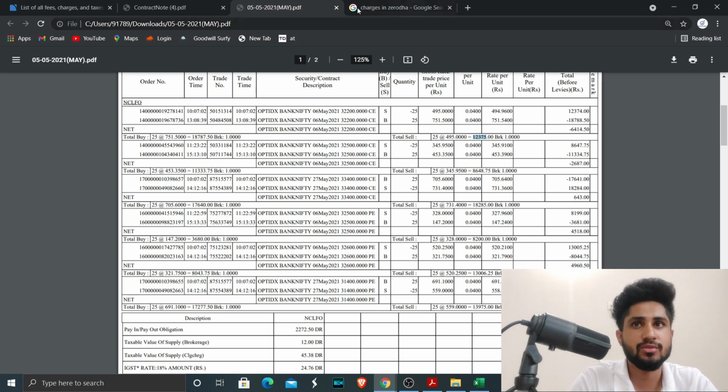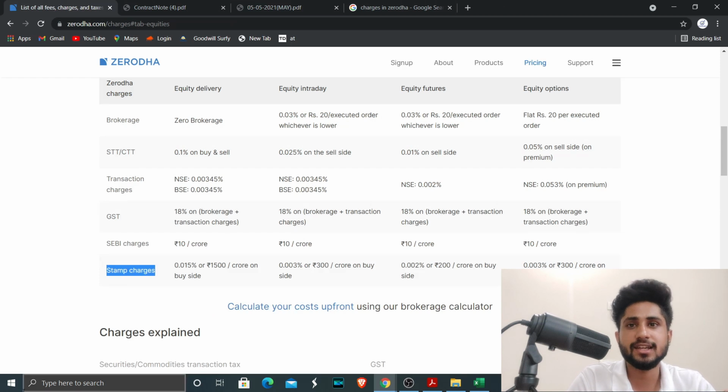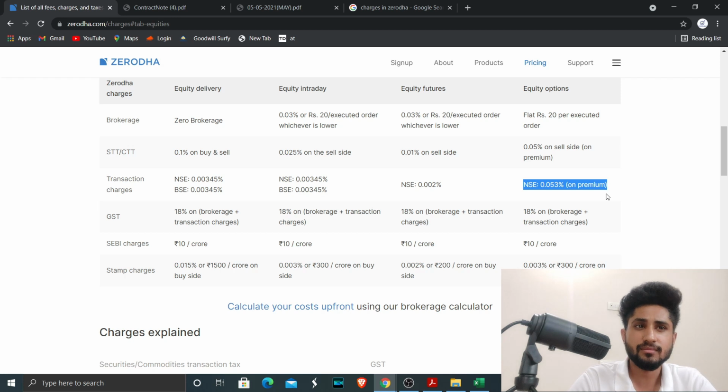This is one place where brokers can actually charge more, and I'll show you how. Technically, if a broker is a self-clearing member, they should be charging around 0.053% on the premium, which is 5,300 rupees per crore of transaction.